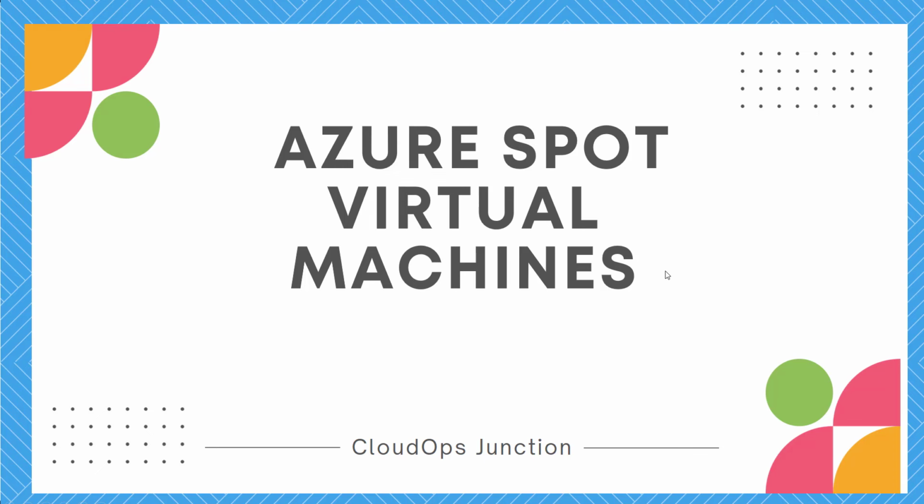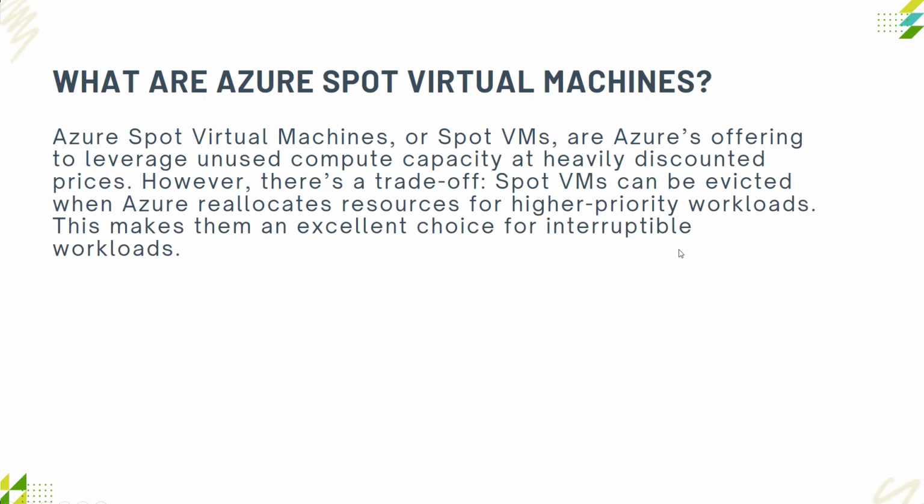So what is an Azure Spot Virtual Machine? It is an offering from Azure that leverages unused compute capacity at a very heavy discount. The resources which are not used at the Microsoft end, Microsoft provides at a very cheap rate. That is called Azure Spot Virtual Machine instances.